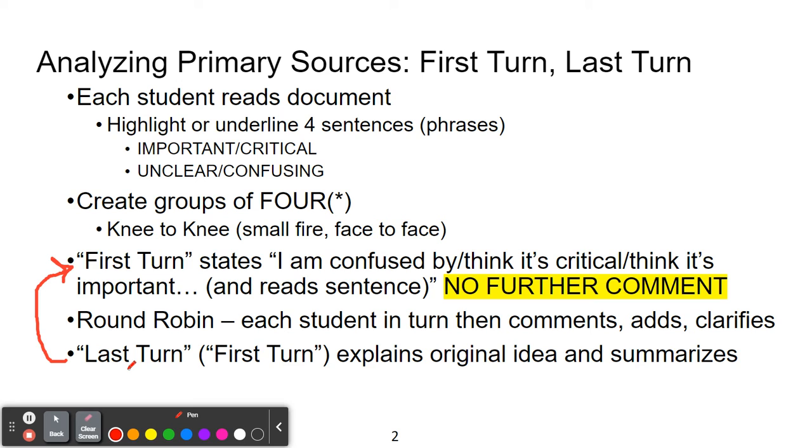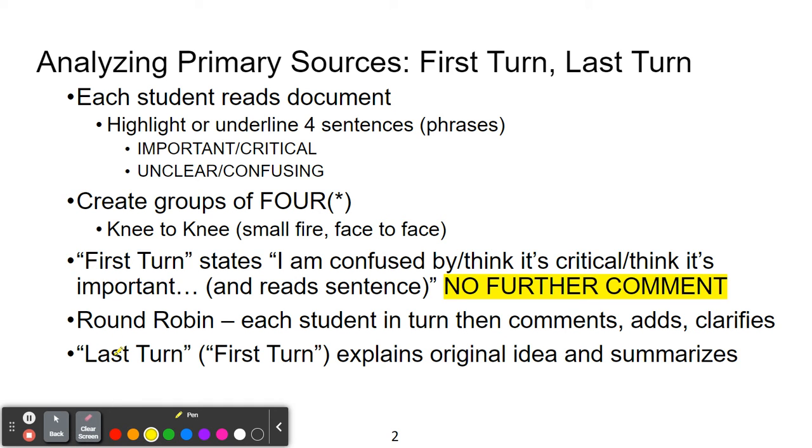So they are going to paraphrase what the group has indicated from the discussion that they've listened to. They are going to be the voice that brings the discussion about the individual sentence or part of the reading to a close.